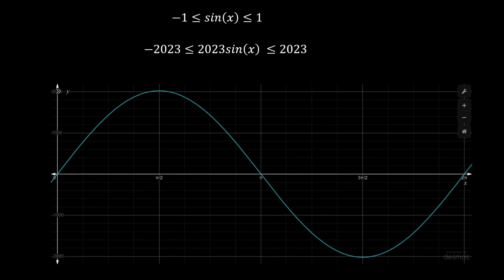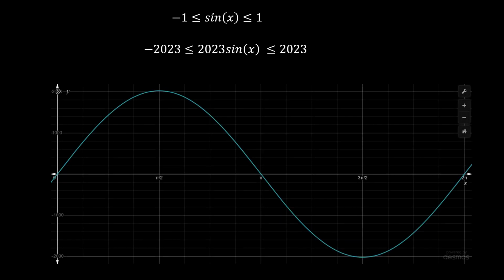Let's see what it looks like. So sine x straddles between -1 and 1. And therefore, if we multiply 2023 across, 2023 sine x would oscillate between negative 2023 and positive 2023. And this is how the plot looks.